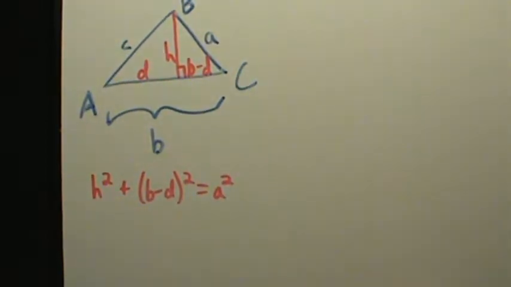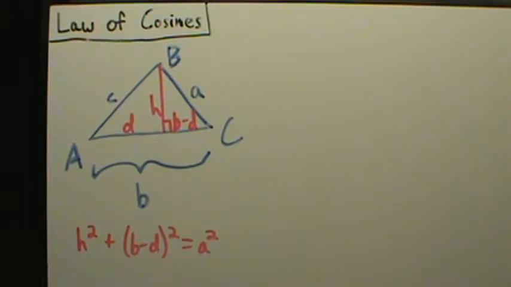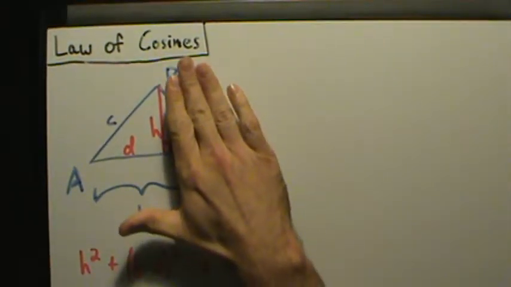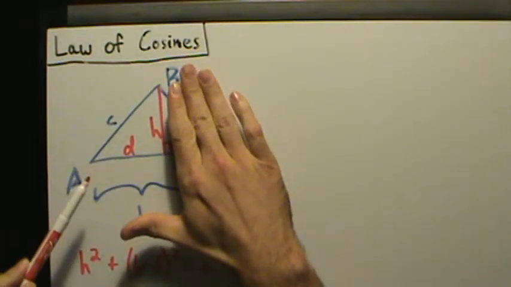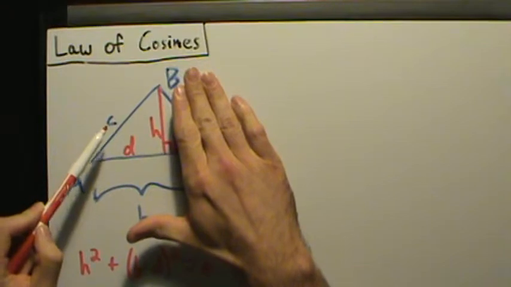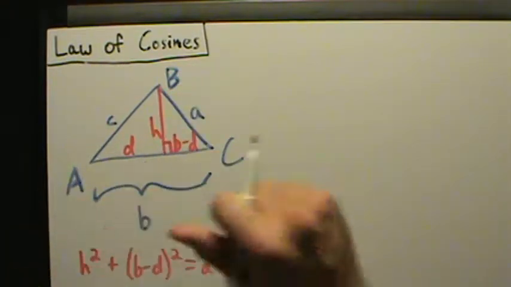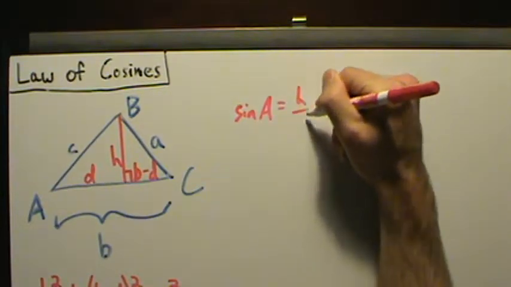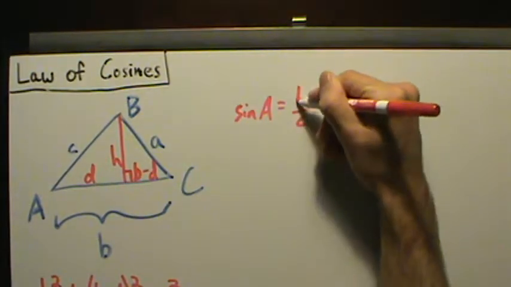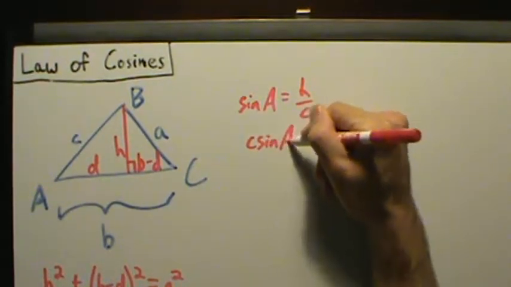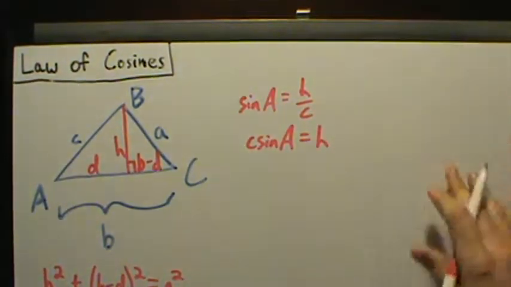Now let's use some right triangle trig. Let's cover up this triangle and look at this one over here. Two things we could say. The sine of angle A is the opposite over the hypotenuse, so sine of A is h over c. Multiply both sides by little c, and we get c sine A equals h.